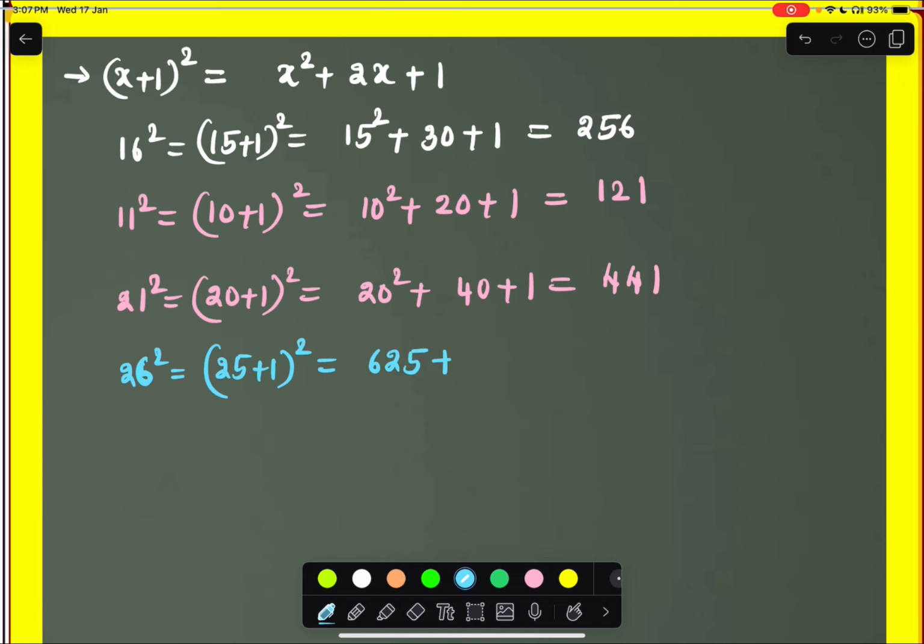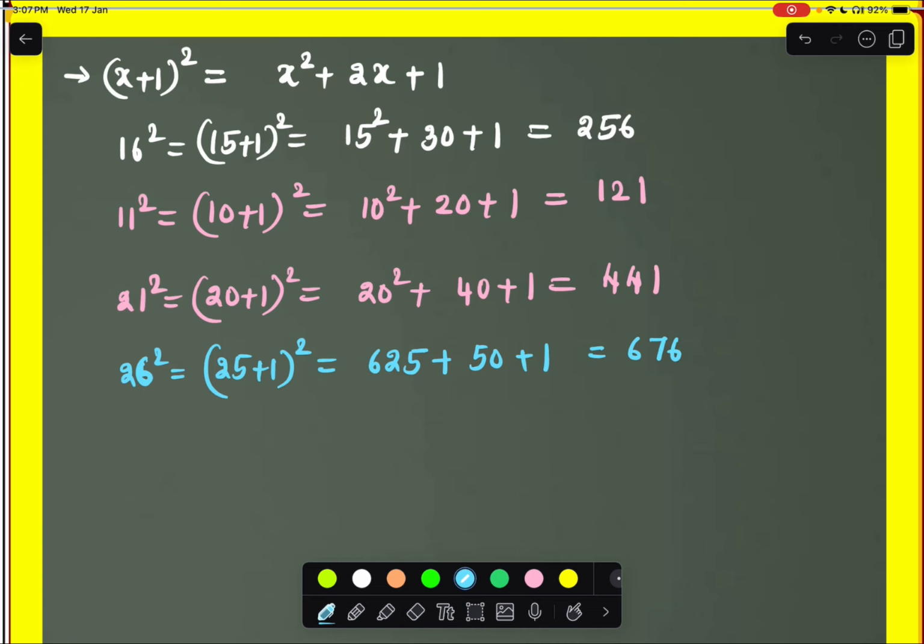We can calculate this orally. And 2ab value, 2 into 25 into 1, gives 50, plus 1 on that. So 625 plus 50 is 675, plus 1 is 676. We get the answer as 676 here.